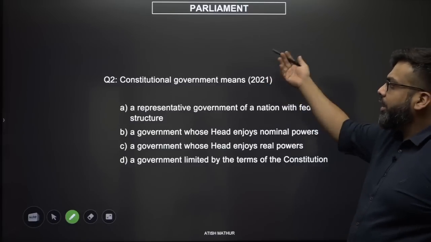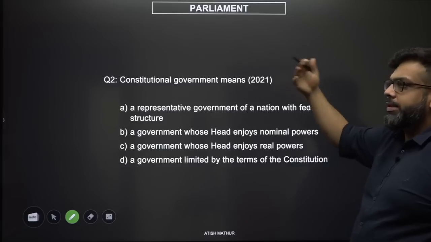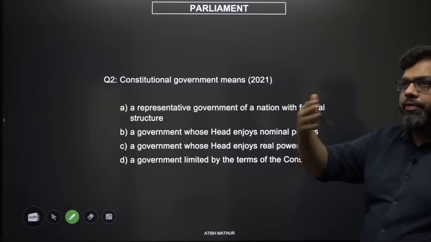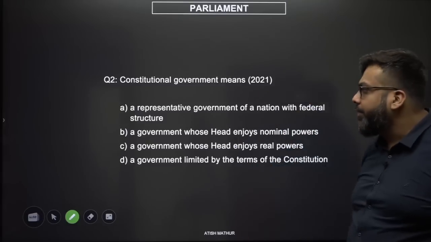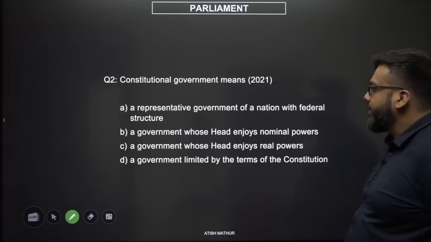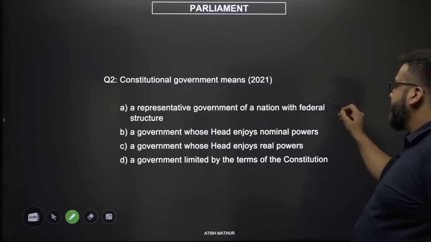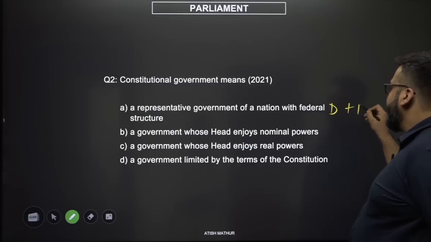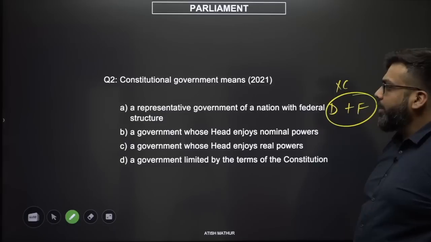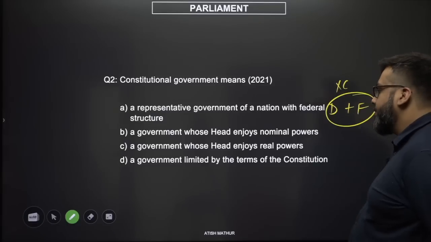A constitutional government basically means a government which is bound by the constitution, or there is a constitution to give you the governing principles of the government. A representative government of a nation, which means there is democracy, with a federal character, which means there is federalism. You can have democracy and federalism without a constitution, so that is not necessarily what it means.